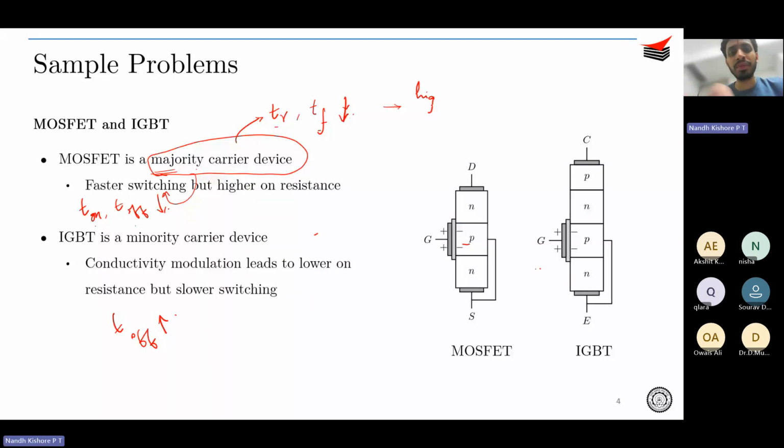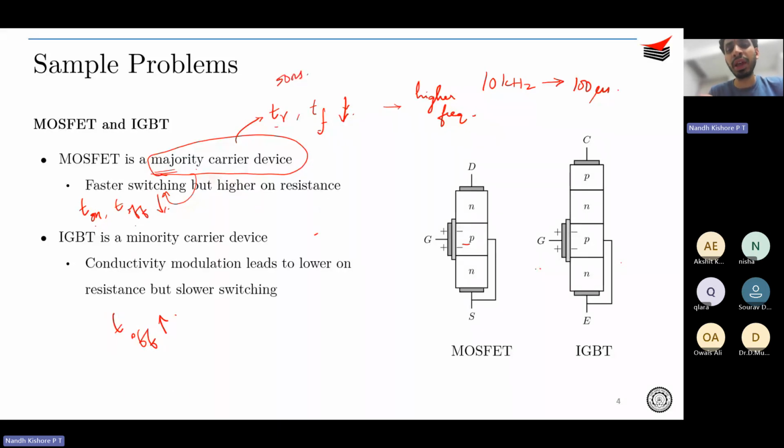So let's say you operate at 10 kilohertz, which means that it is around 100 microseconds, the total switching period, right? So then let's say typically for MOSFETs the rise time and fall time will be of the order of a few tens of nanoseconds. So let's say the rise time and fall time are some 50 nanoseconds each, right?